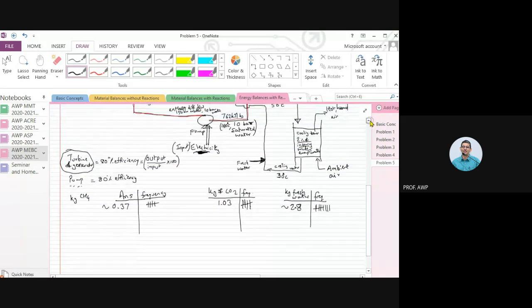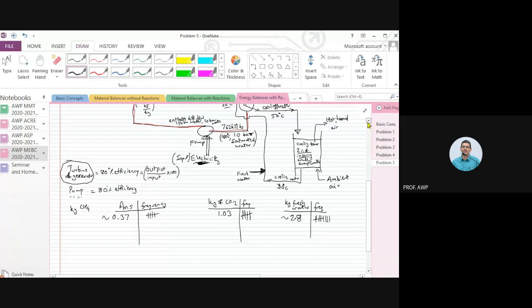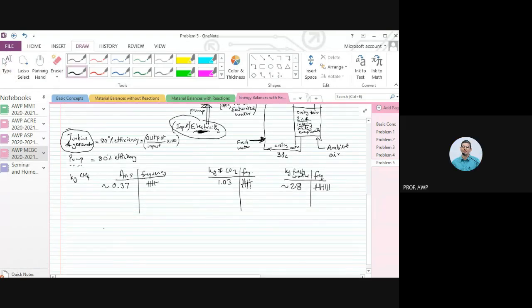So just a couple of things. How much electricity is used in the pump now? 0.015 kilowatt hour.